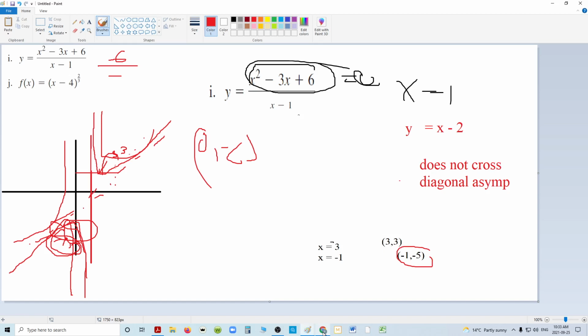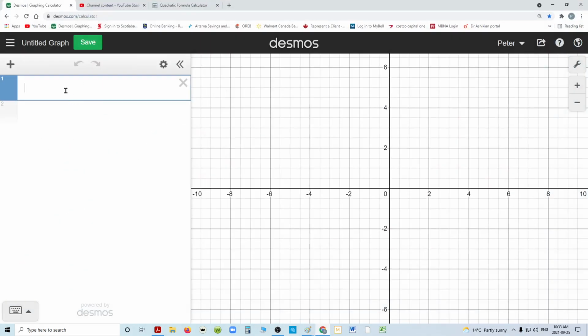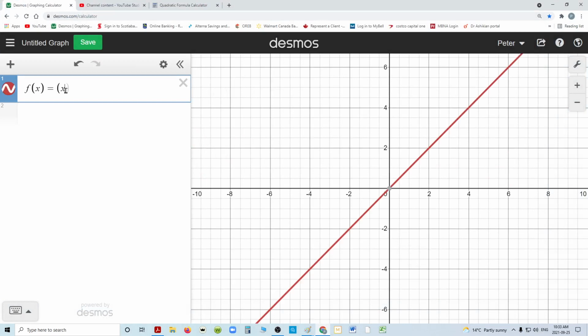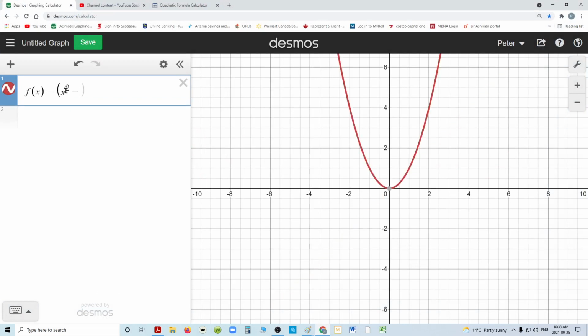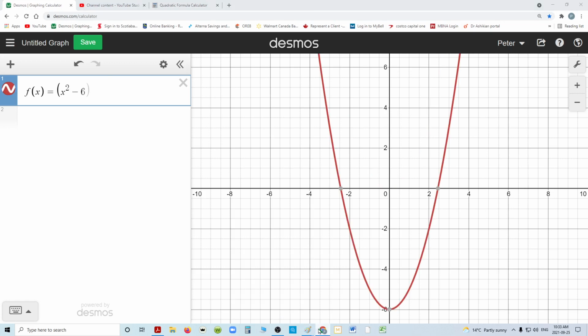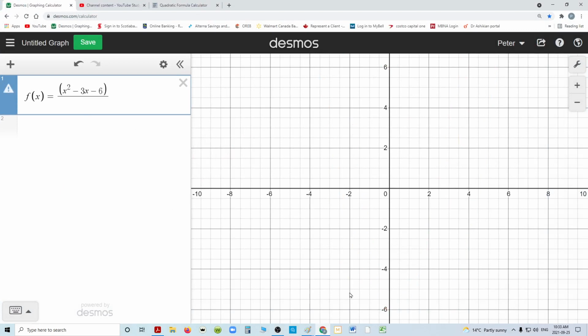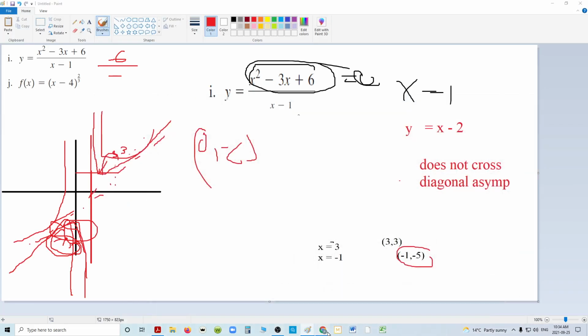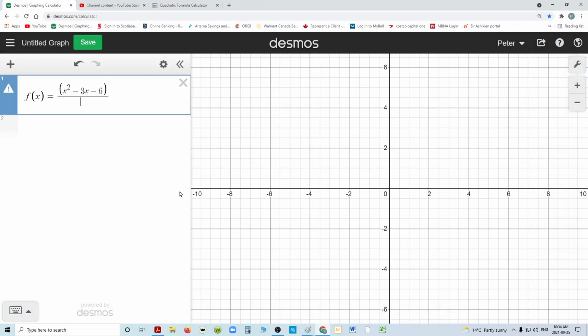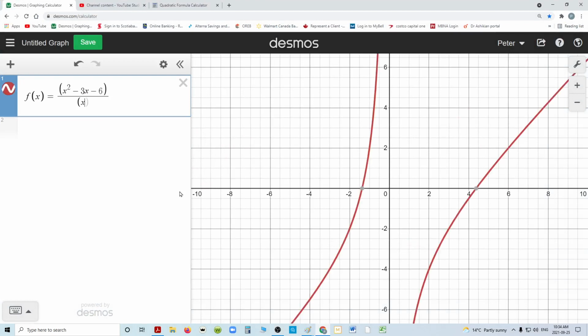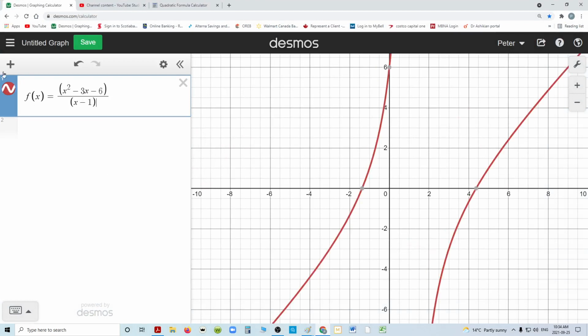So you're going to get x squared minus 3x plus 6. I forget what the middle term is already. X minus 1. And according to me, I know a couple points.